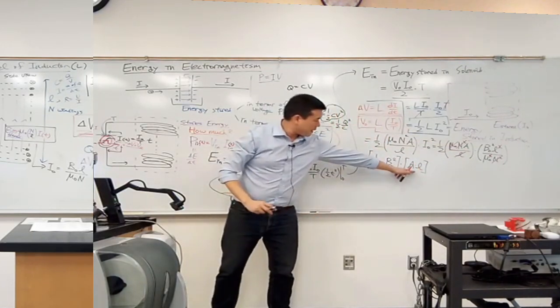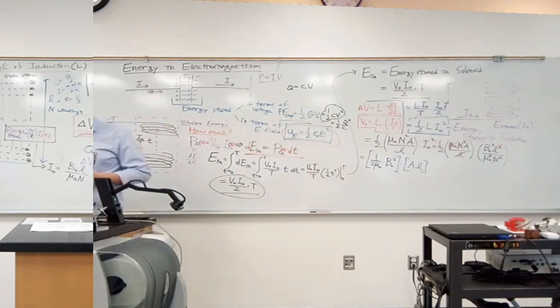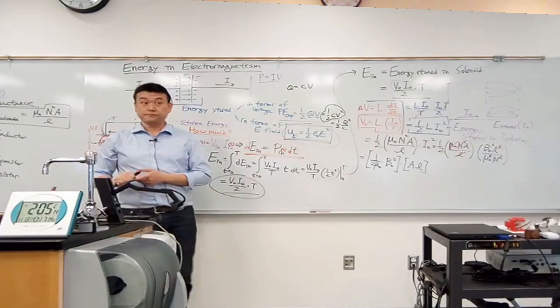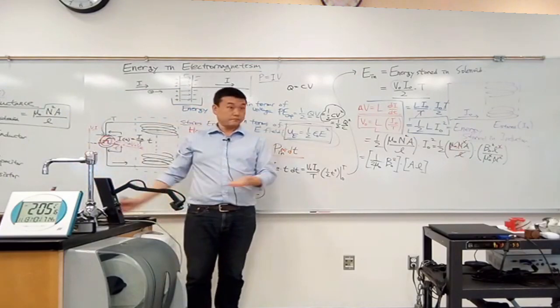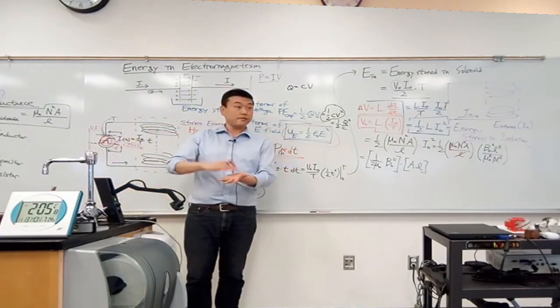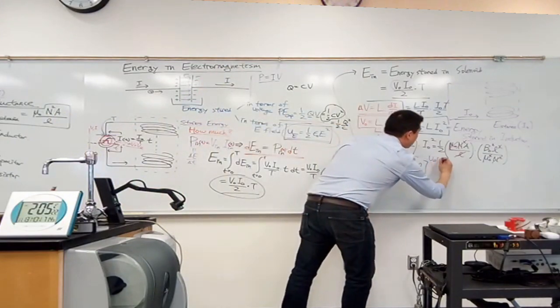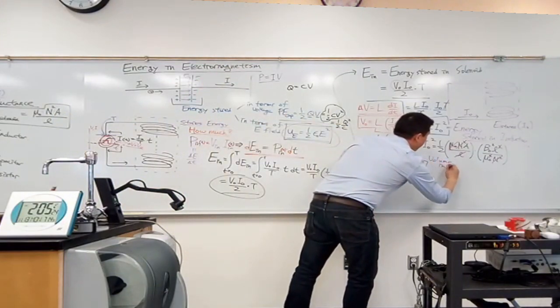What kind of meaning would you assign to that combination of quantities in the second group? Volume, right? Area of the cylinder times the height of the cylinder. So this is the volume inside the solenoid.